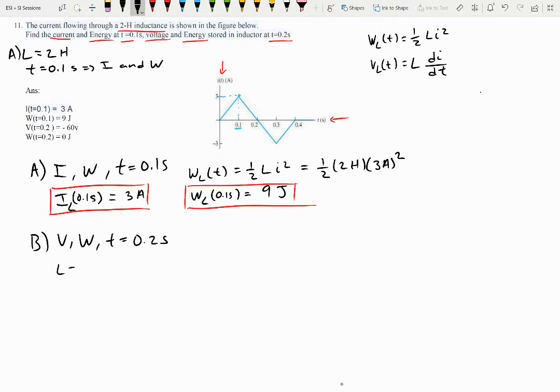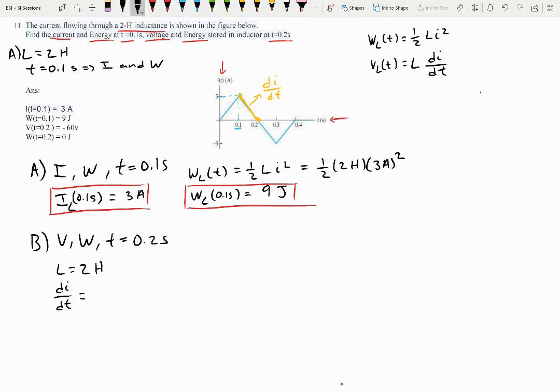We know L is going to equal 2 henries. But for our di/dt, we're looking from here to there. That's our slope. For di/dt, we'll have final minus initial.